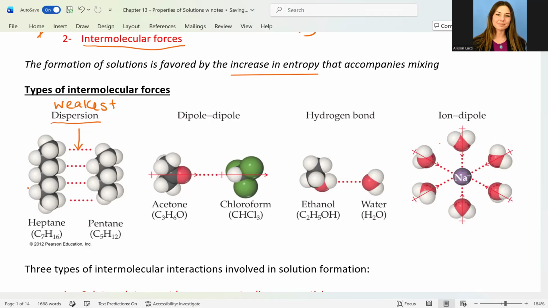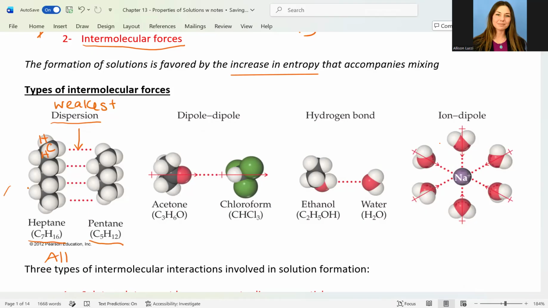And all molecules have these dispersion forces. So all molecules will have these. And we can see that things that are composed of carbon and hydrogen. So the black is the carbon, and then we have just hydrogens here in both heptane and pentane. And that's referenced as well down here in the chemical formula.